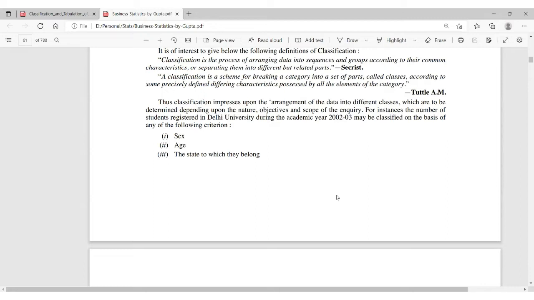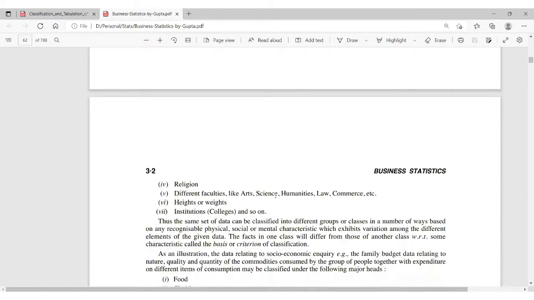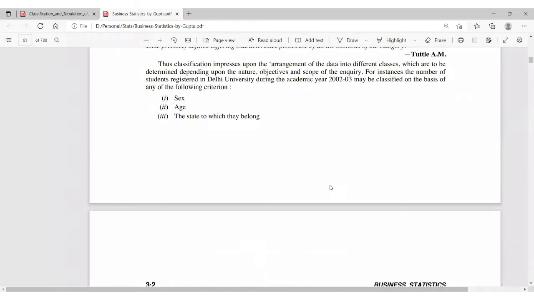Specify your age, 17, 18, 19, 21, whatever it is. The state you belong to. Similarly, religion. So at the end of the day, when you fill the form, right?